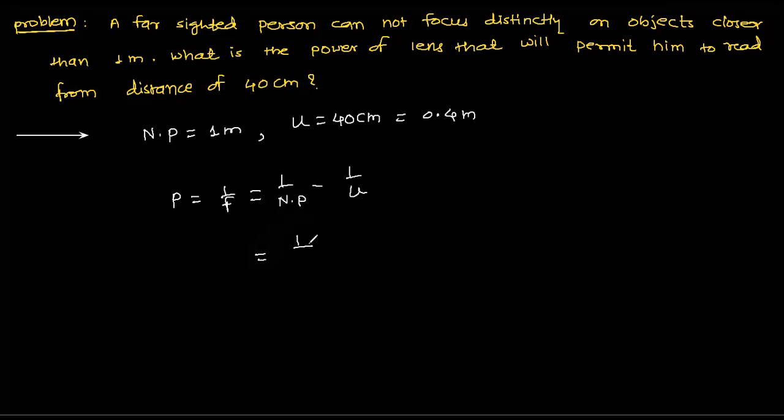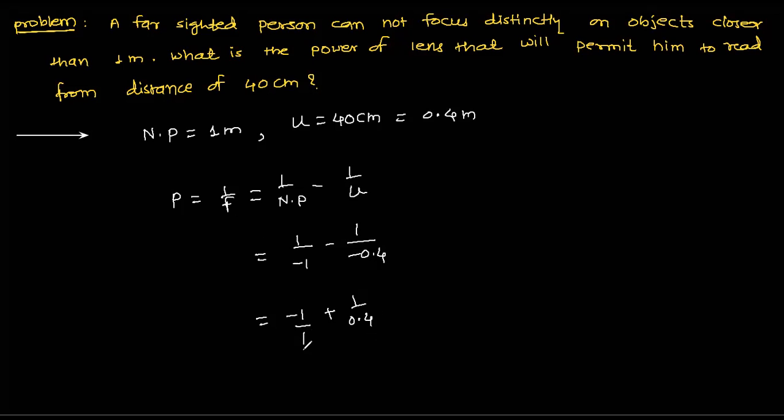So this is equal to 1 by near point, which is minus 1, minus 1 by U, which is 1 by minus 0.4. So this is going to be minus 1 plus 1 by 0.4. If you see this, how much are you getting? Its LCM is nothing but 1.